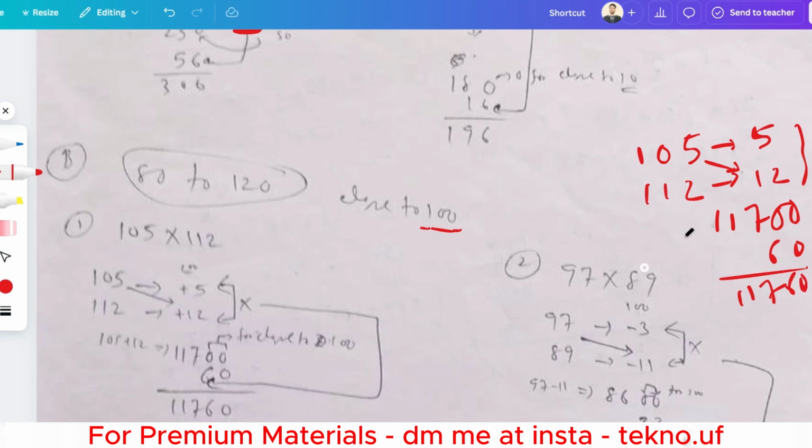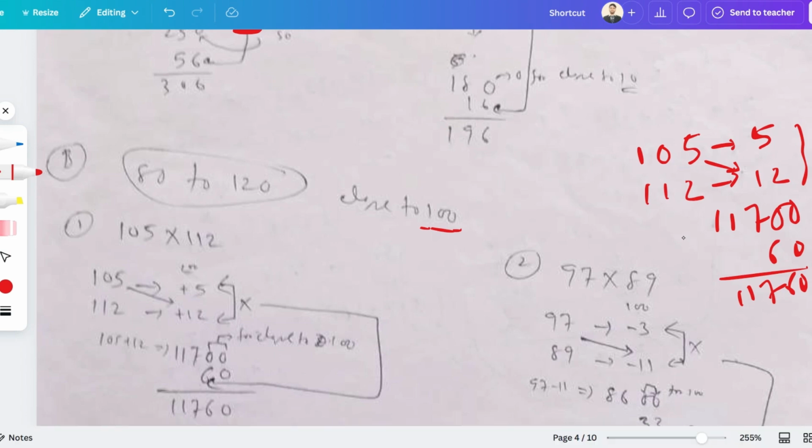See, this is a very easy process to calculate the multiplication of 3-digit numbers. Let me calculate the lengthier process. No, I'm not going to do that. Do it by yourself and see how much time it takes. If you cannot remember all these, then do according to your efficiency. And if you can, then it is legendary.